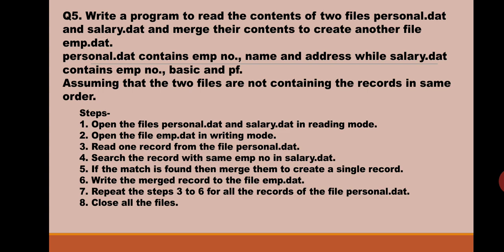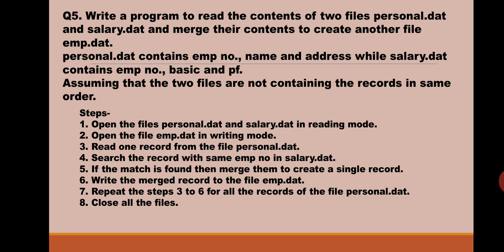Now the first record from the file personal.dat is read. Then that record's employee number is searched for in the file salary.dat. Right? We will read all the records of the file salary.dat to search for the record matching the one we have read from the personal.dat.